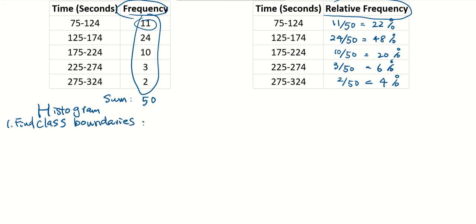So in this case, you should have 74.5, not 75. 74.5. And the next number is here, that's 124.5.